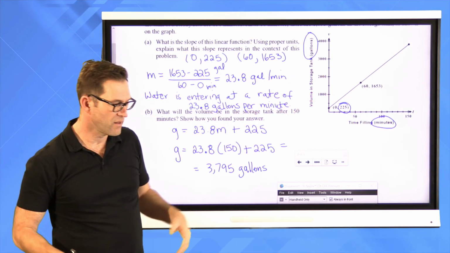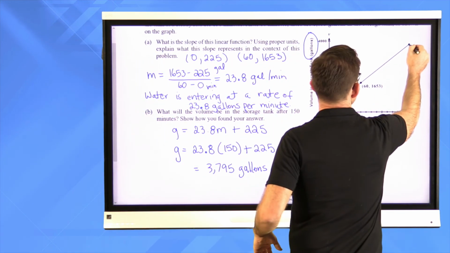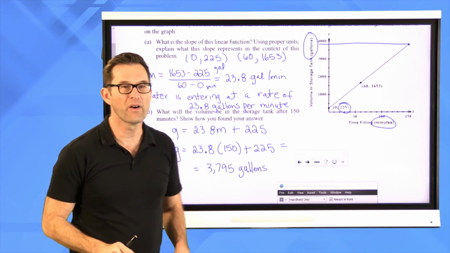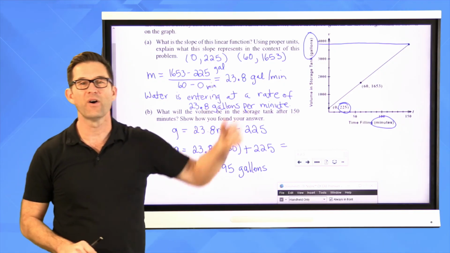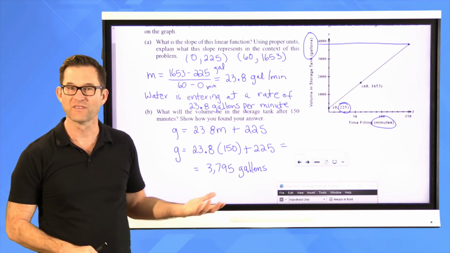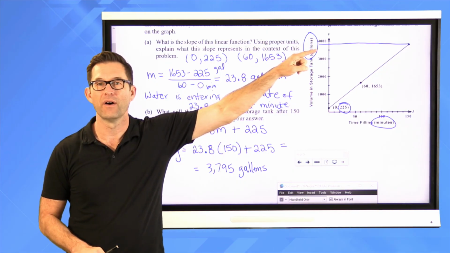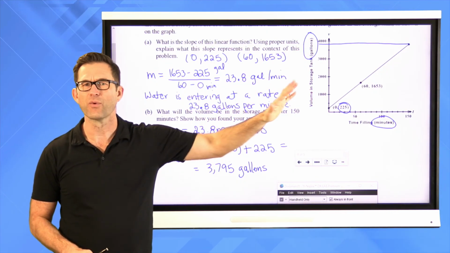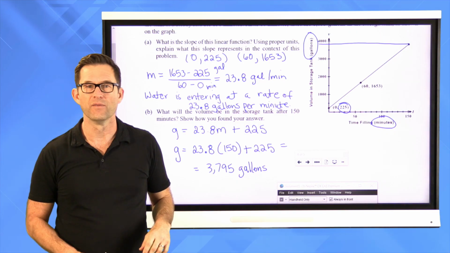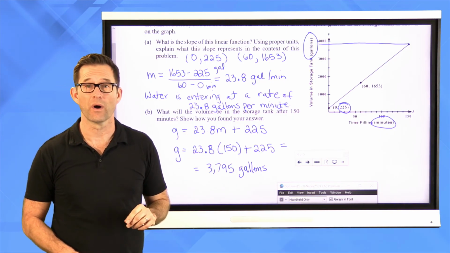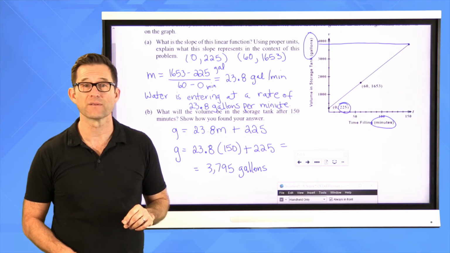I mean, it's tough because on the graph, the best I could do is kind of go, oh, I don't know, it's something up there. It's between 3,500 and 4,000, which definitely 3,795 is. But the graph would not be the most accurate way of looking at this. On the other hand, this model can tell us exactly how much water is in there after 150 minutes.